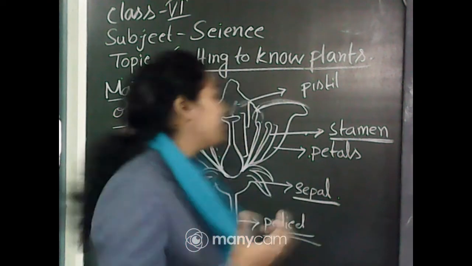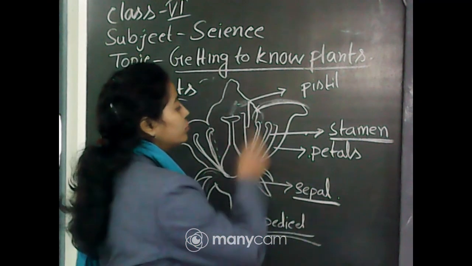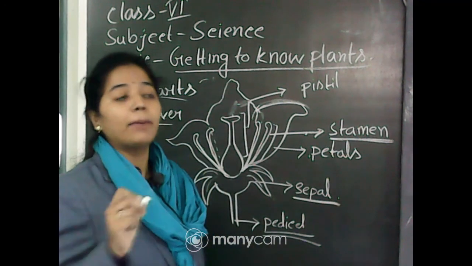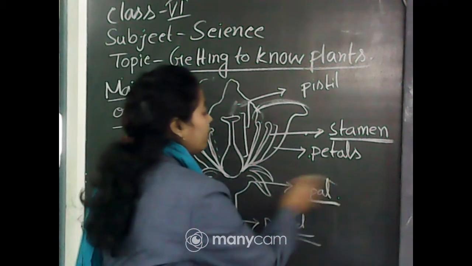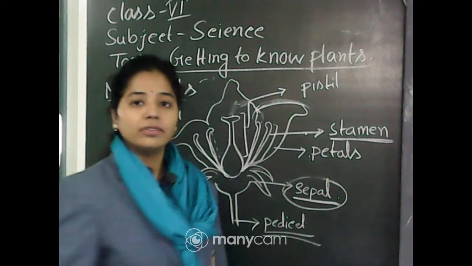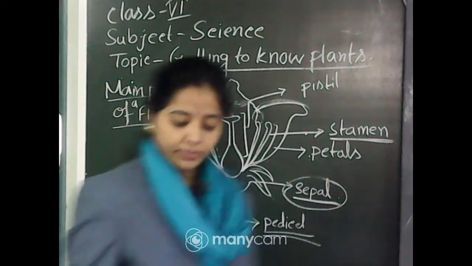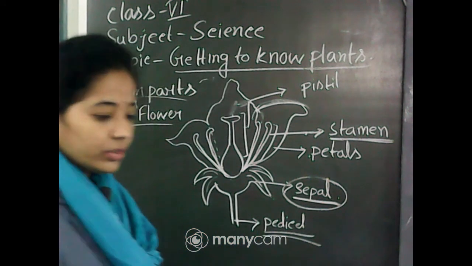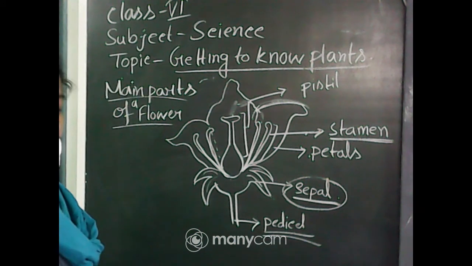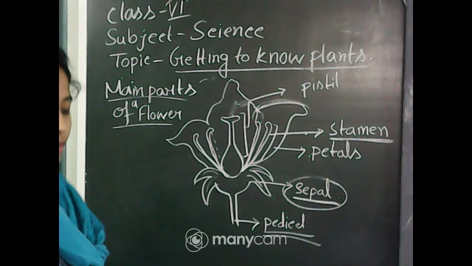So, the sepals protect the whole flower in bud form, and they are the outermost structure of a flower. Understood everyone?